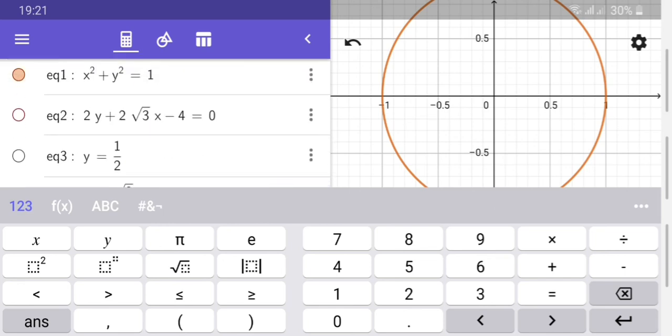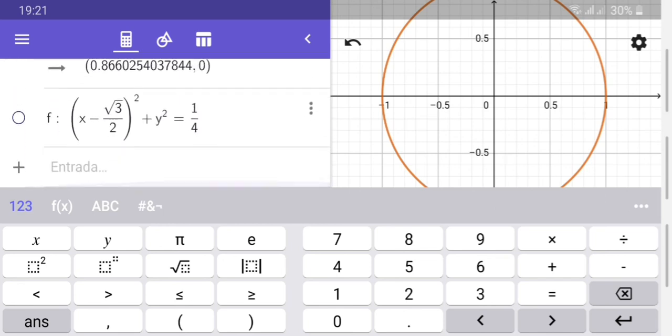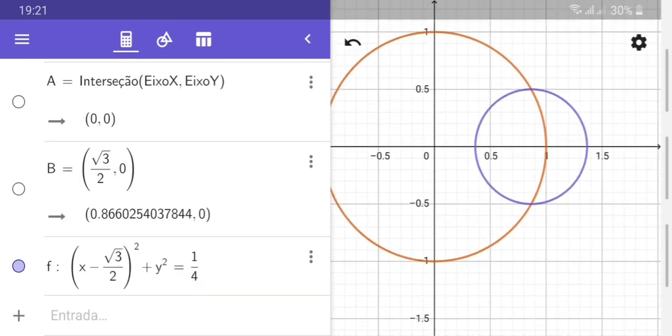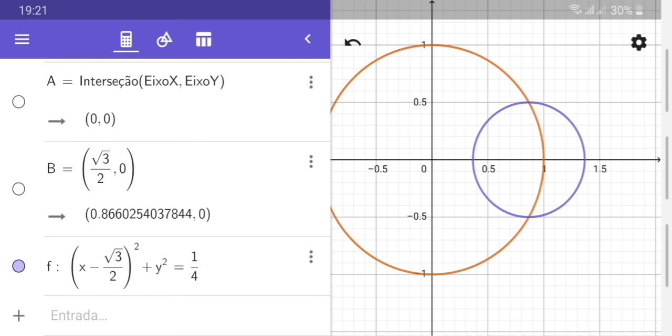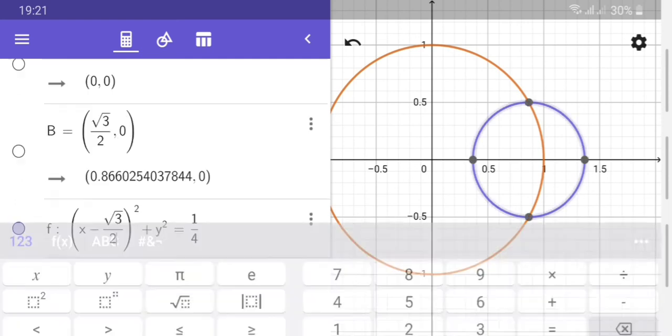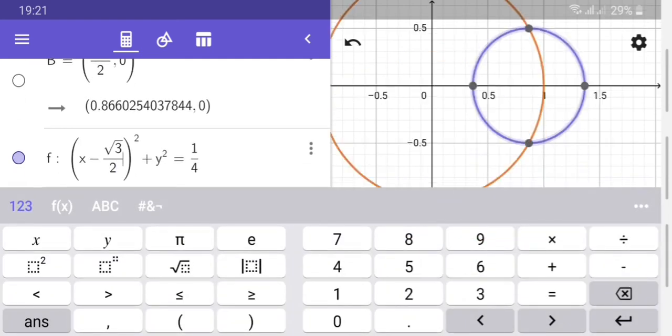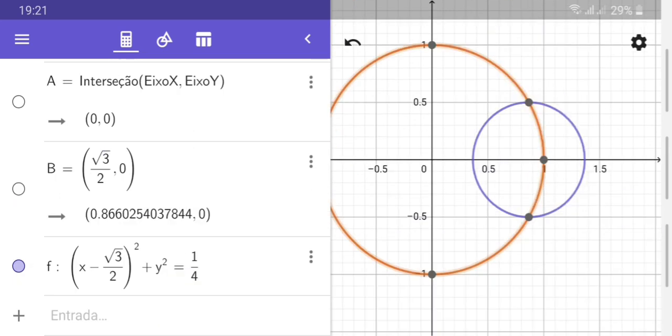You can see that the only thing that changed is that I put the x square root of 3 divided by 2 to the right, right? In the y it's still on the 0 axis.